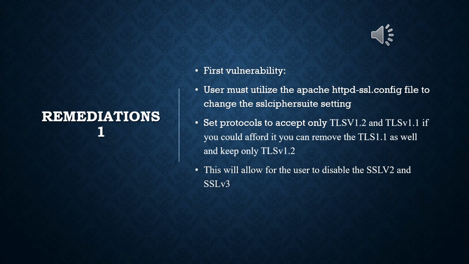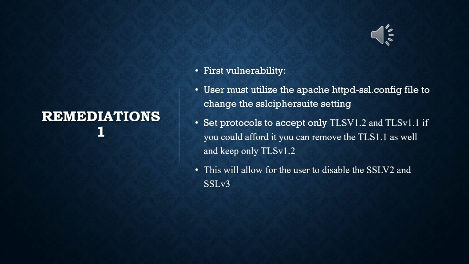For the first vulnerability that was mentioned in the previous slide, which was weak cipher suites that were accepted, the user must utilize Apache. This was a service that we had to configure earlier in the semester, and this allowed us to actually bring on our HTTPS as well as configure a few more things.